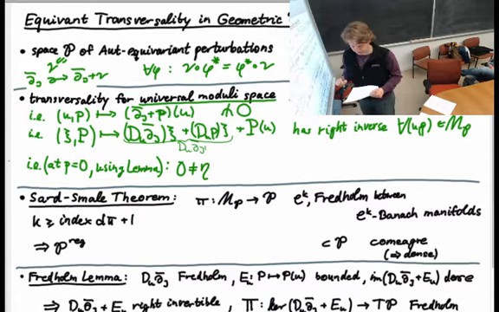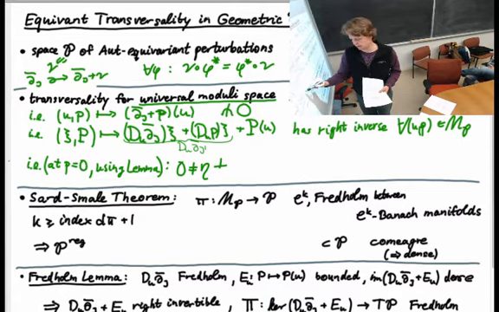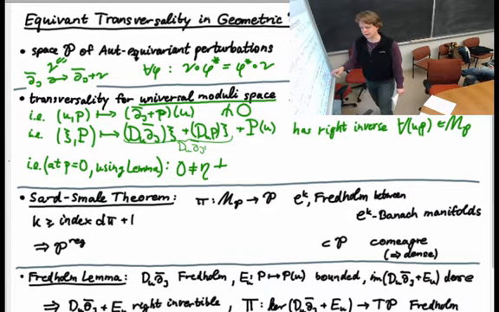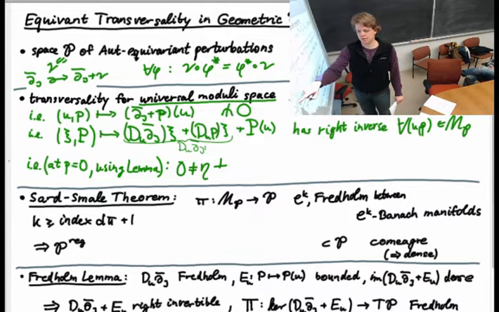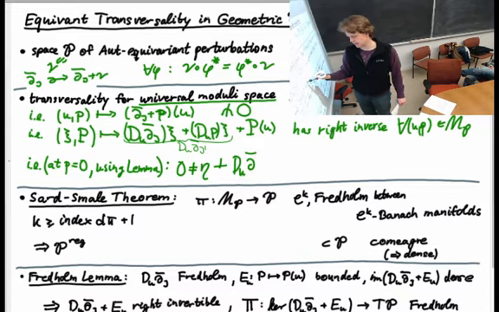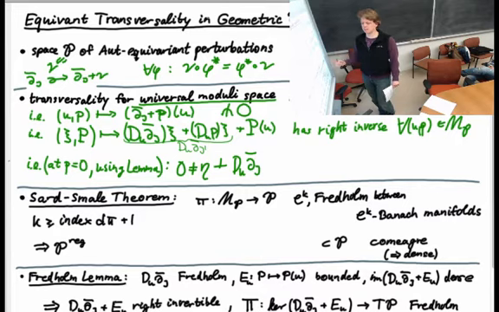Meaning if I have a non-zero element that's perpendicular to the image of the d-bar operator that I actually care about, then it can't also be perpendicular to these p's.